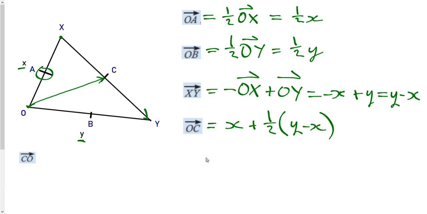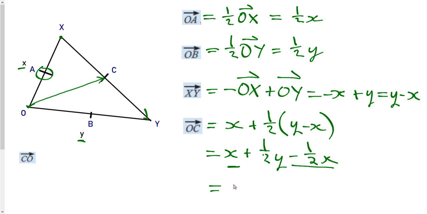Now let's just expand that. So it'll end up being half of y, and then a positive times a negative, I'll have negative half of x. Now let's combine our like terms. Our like terms here, we've got x, minus half x, and that will leave us with a positive half x.